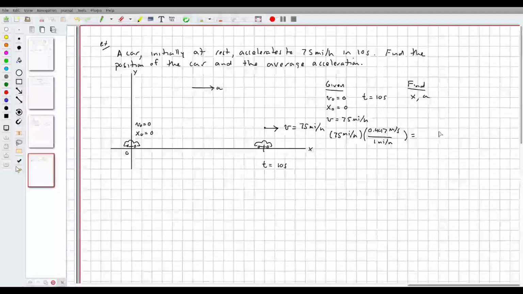So when you do that conversion, you get 33.525 meters per second.